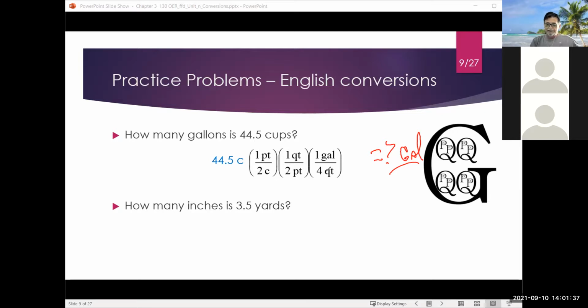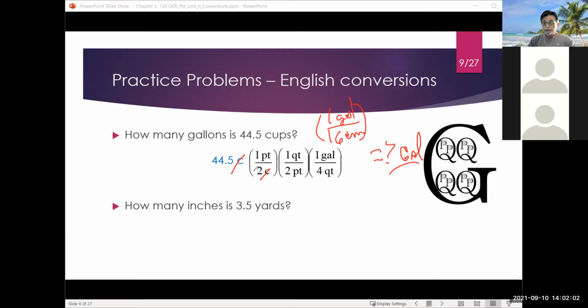Can anybody tell me? 16. You got it. Because I can make a new factor: 1 gallon is 16 cups, right? Because I just multiply 4 times 2 times 2, my pints cancel. All right, but until such time that you're more comfortable, use each one.